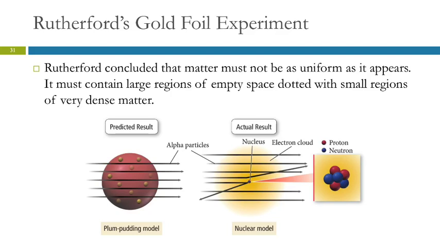It's really small, but it has a significant mass, incredibly high density. And then the electrons are around this sort of in a cloud. And so when you're shooting the alpha particles at the foil, most of them are going to go through the electron cloud. But if one hits this nucleus, that's like hitting a brick wall. It's going to bounce back.